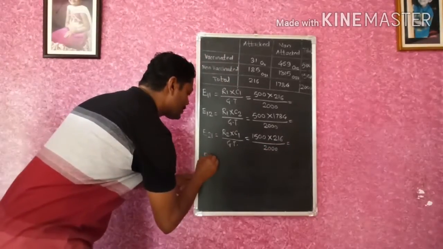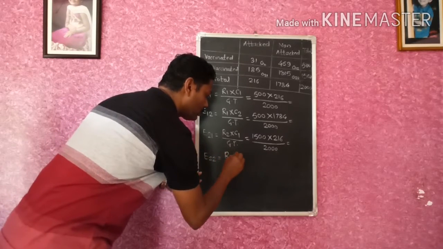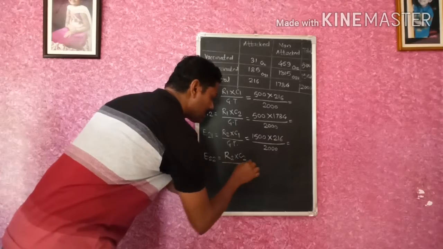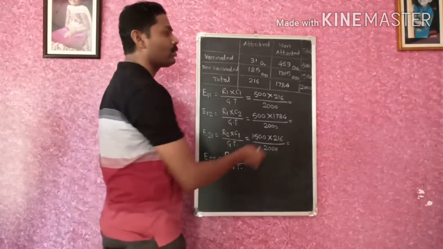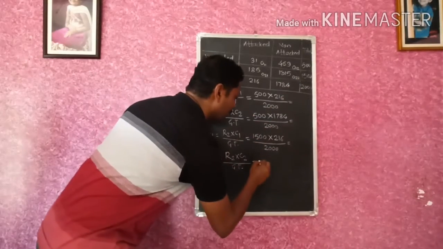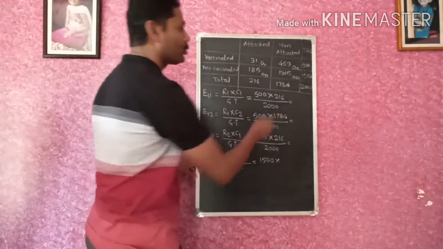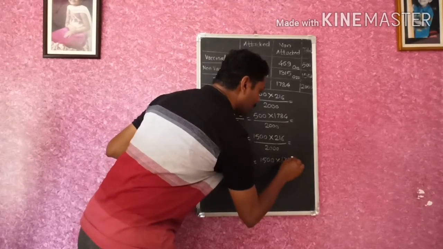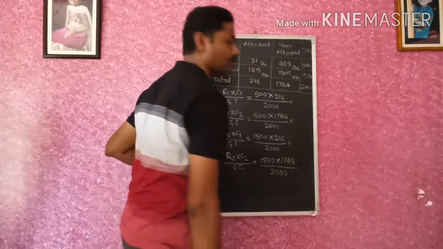The last expected frequency E22 is R2 multiplied by C2 divided by grand total. R2 means the second row total 1500, the second column total 1784, divided by grand total 2000.